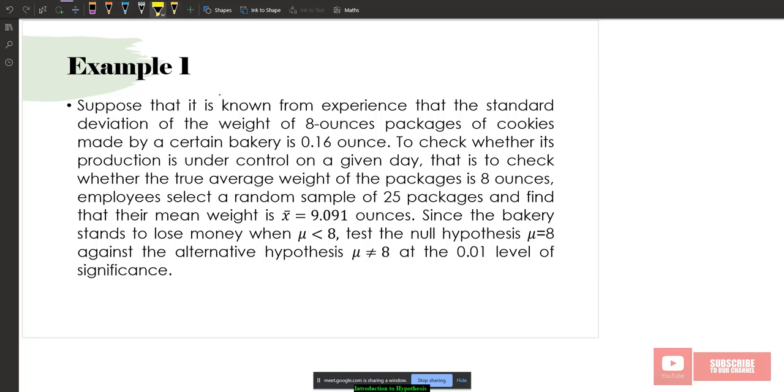Suppose that it is known from experience that the standard deviation of the weight of an 8 ounce package of cookies is 0.16.